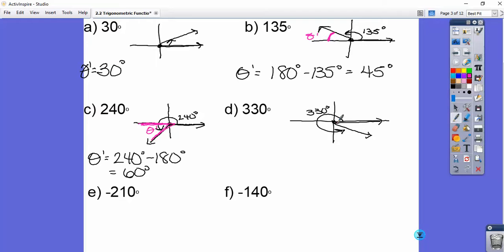We want the closest possible distance, so that will be this piece right here. How would I find that angle? You do 360 minus 330, and we get 30 degrees.